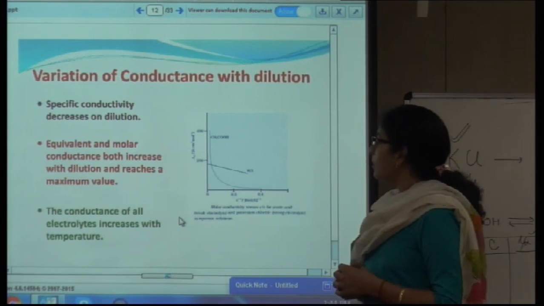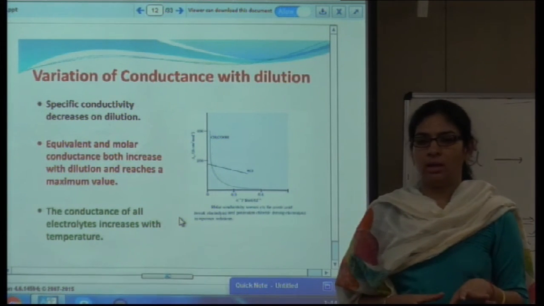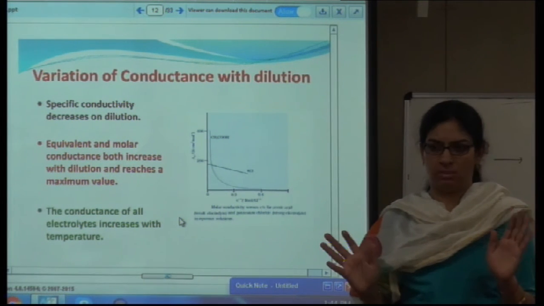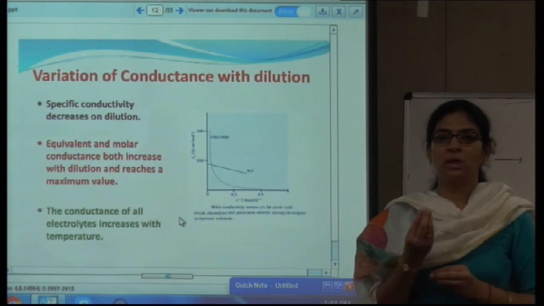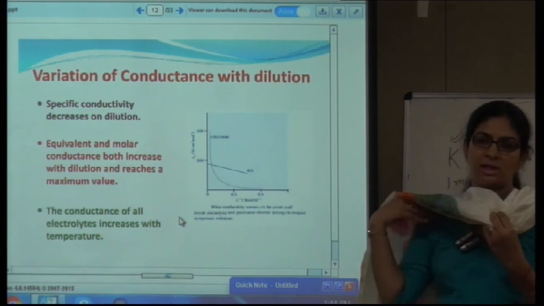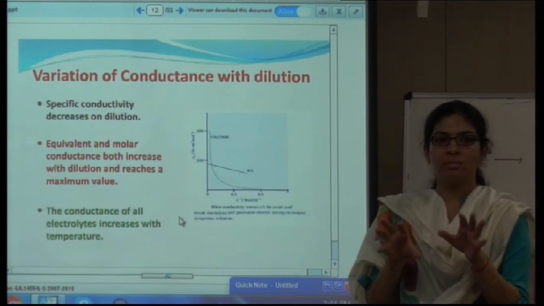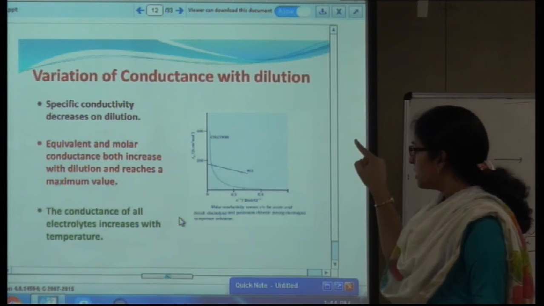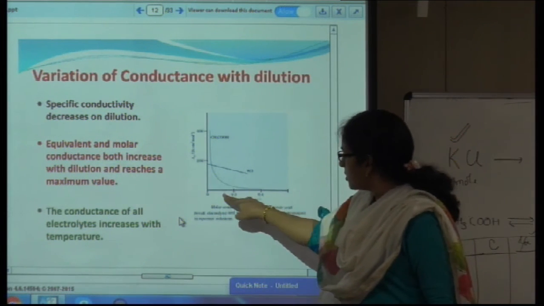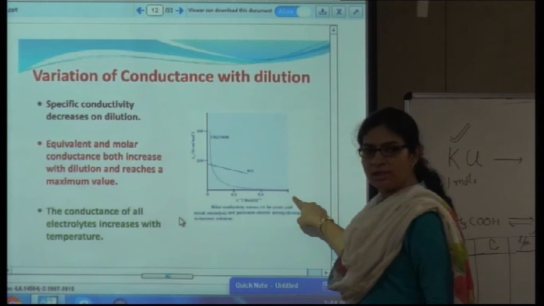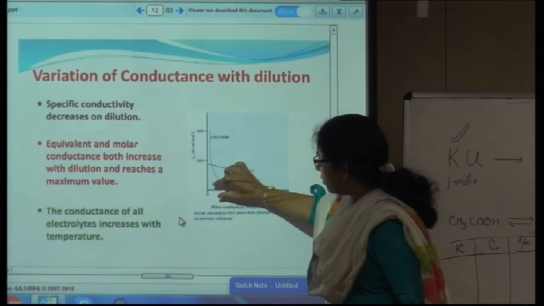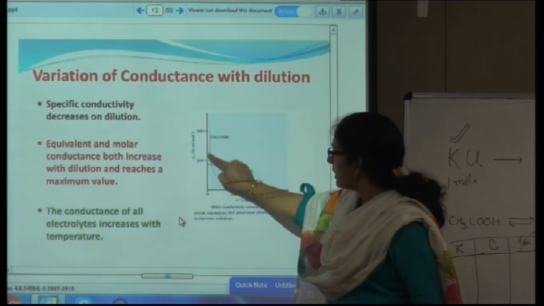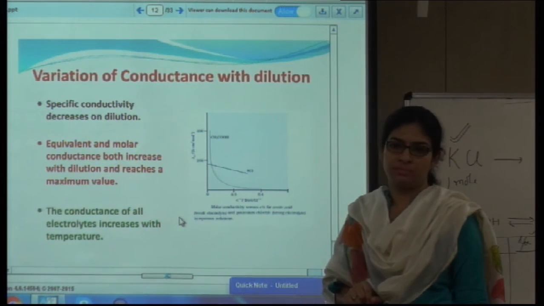Now you see that for molar conductance and equivalent conductance, the trend is going to be the same, because it is only the quantity of electrolyte that you measure that is different; otherwise they are similar quantities. On this axis the concentration is increasing, so going from right to left you are diluting the solution. With dilution conductance increases.